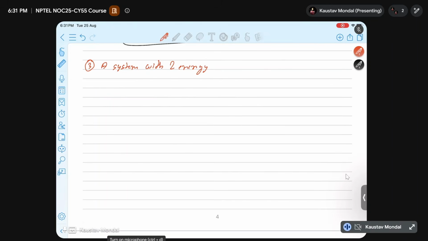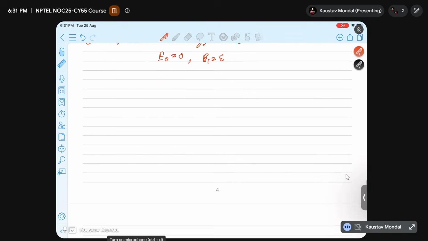But we will discuss some problems regarding calculating different types of thermodynamic properties. Okay, so that's why I've chosen an easy system. So two energy levels, E0 equal to 0 and E1 equal to epsilon.